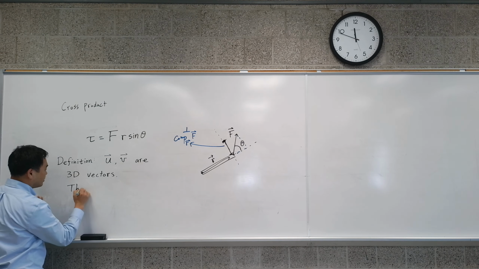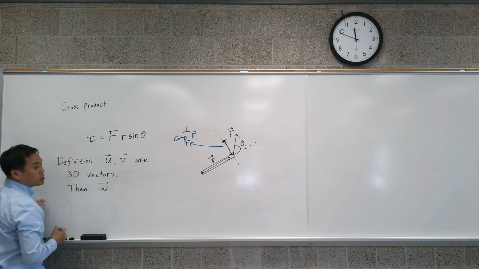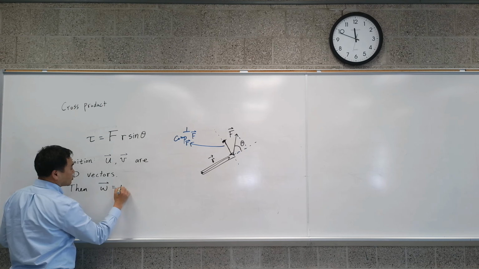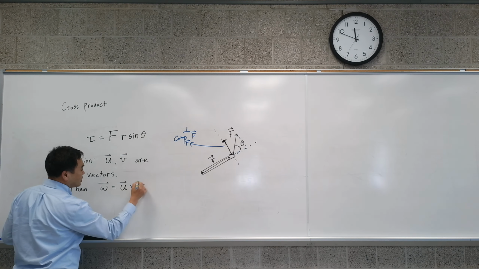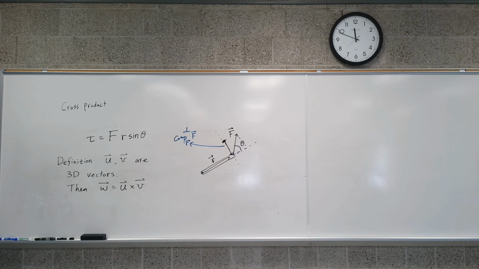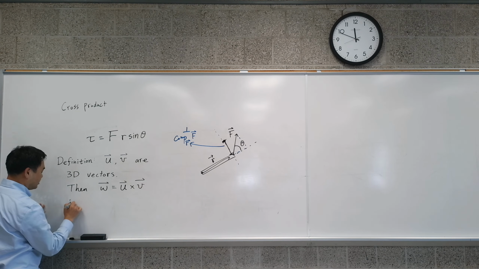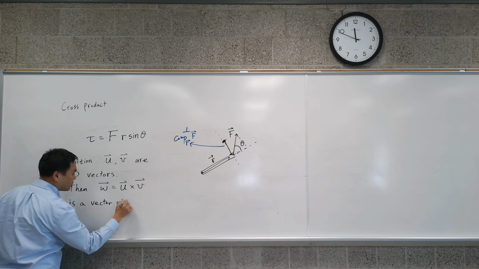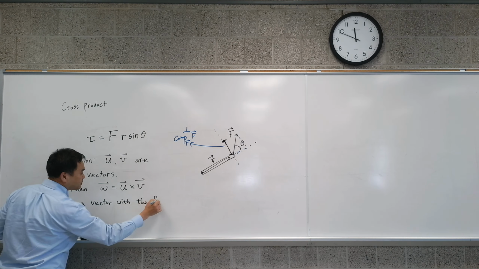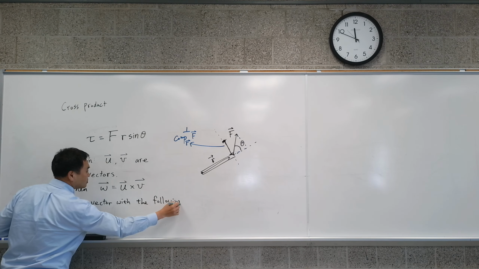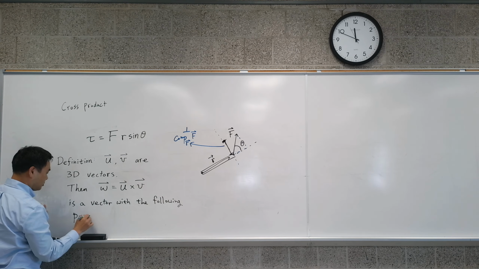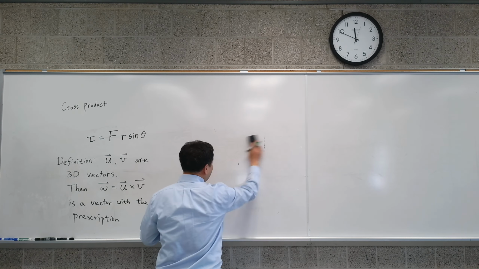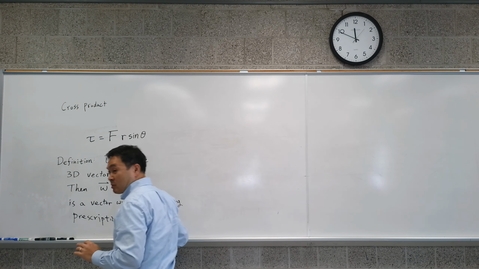Then W equals U cross V is a vector with the following description. And the descriptions are, well, how do you describe a vector? You just need the direction and magnitude, right?